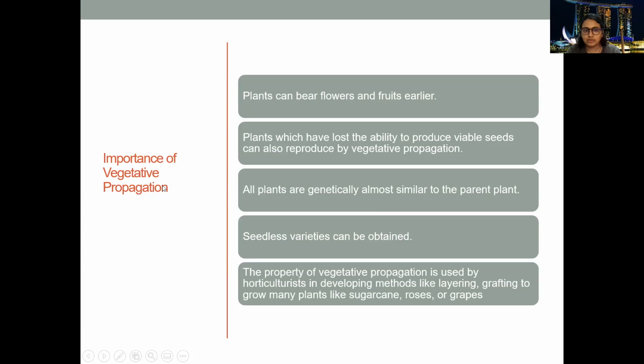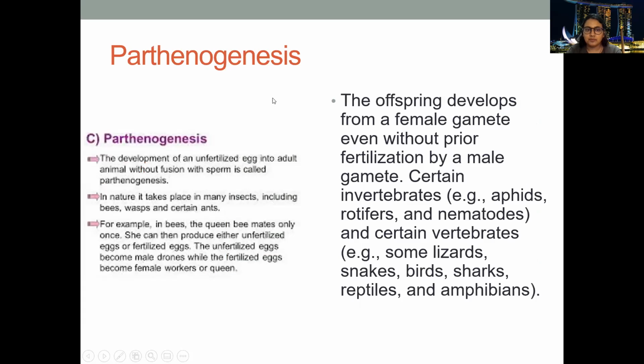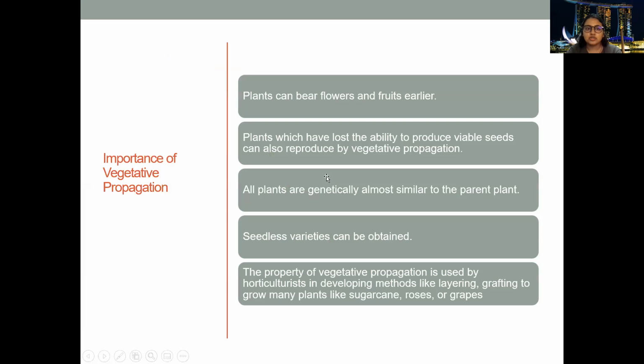We have learned about all the natural vegetative propagation. So what is the importance of vegetative propagation? Because of this, plants can bear fruit and flower earlier, because sexual reproduction takes a longer time.